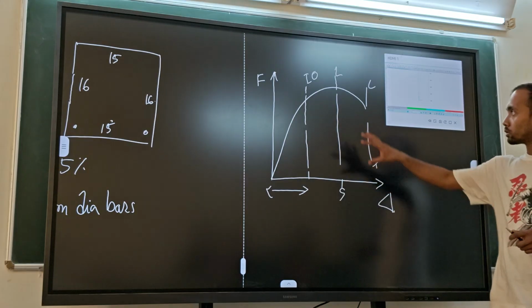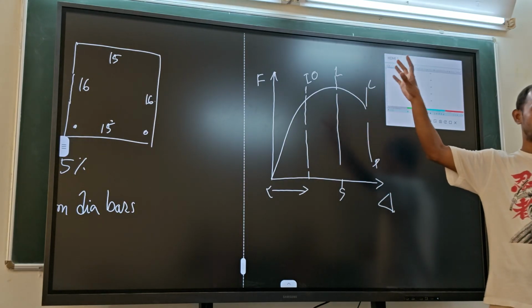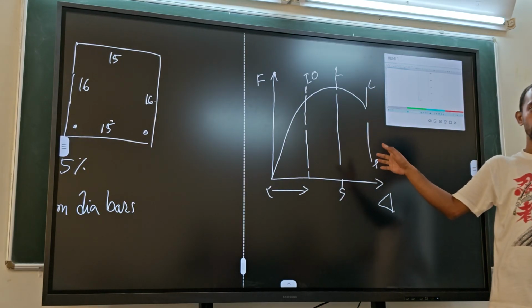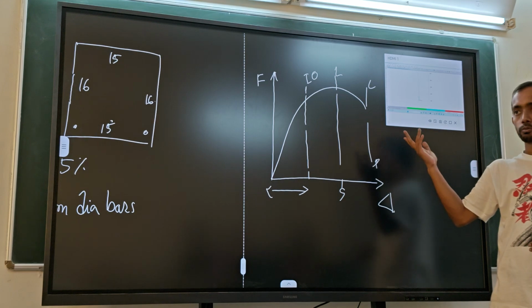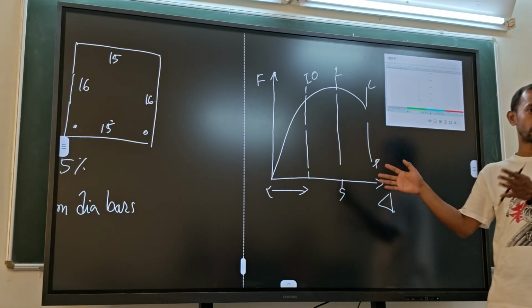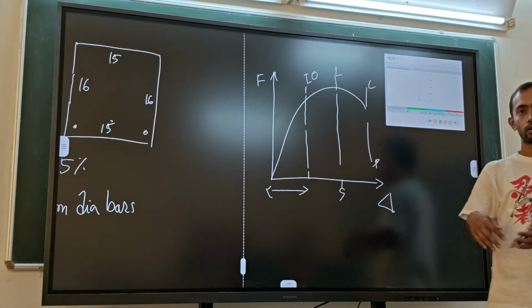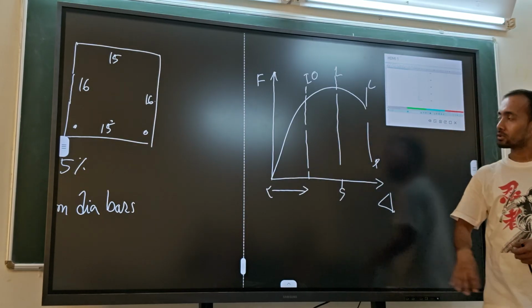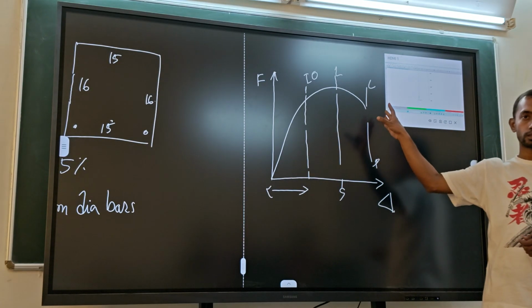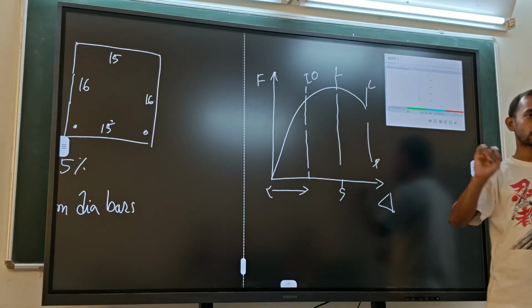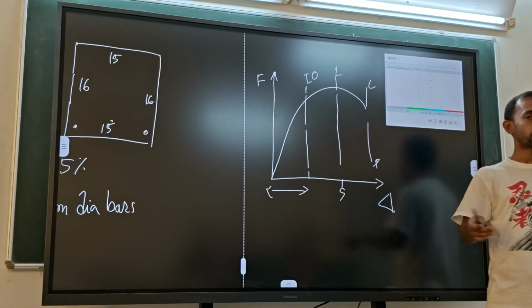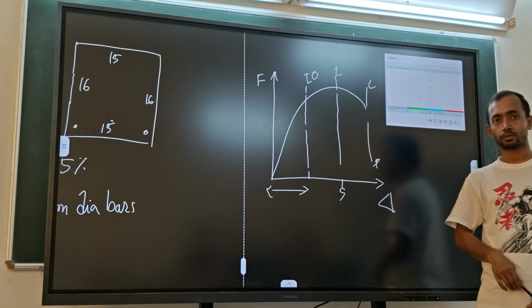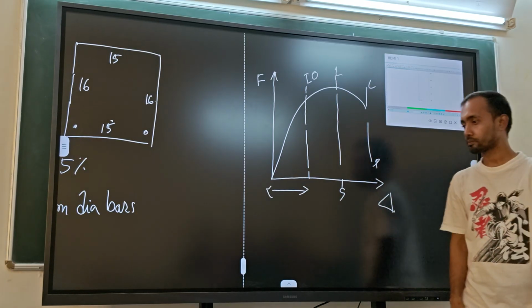In that condition, you are not safe to use the structure. Either it has to go for major reconstruction like retrofitting, or maybe it should be demolished. So these are the meanings of these three levels.